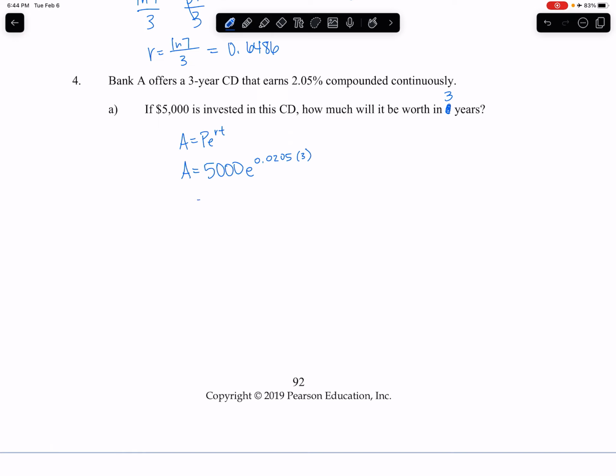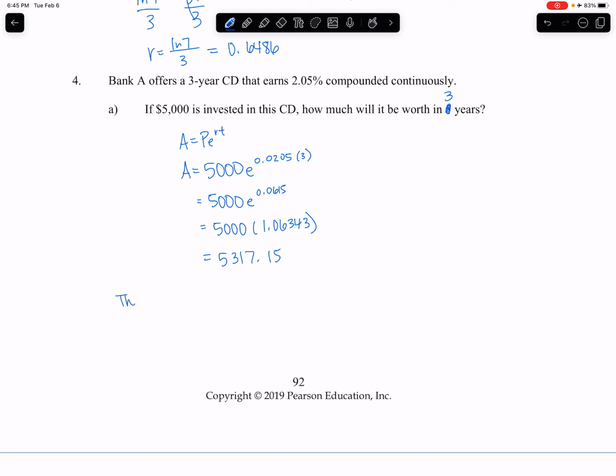So 5,000 times e raised to the 0.0615. e raised to 0.0615 is about 1.06343, and multiplying that out gives 5,317.15.